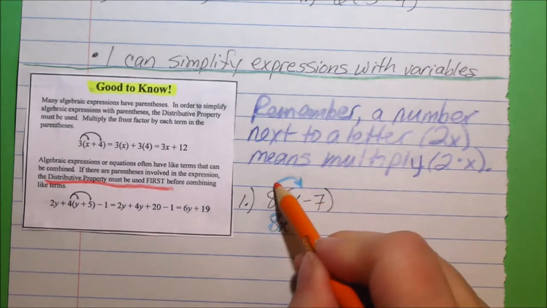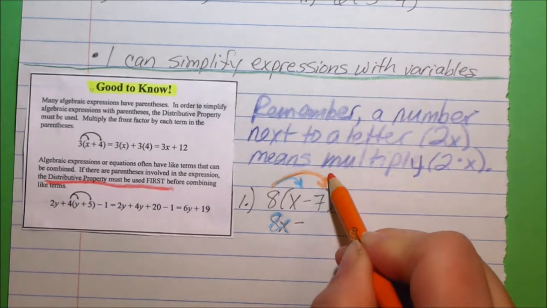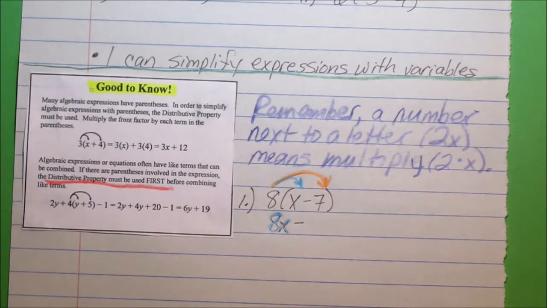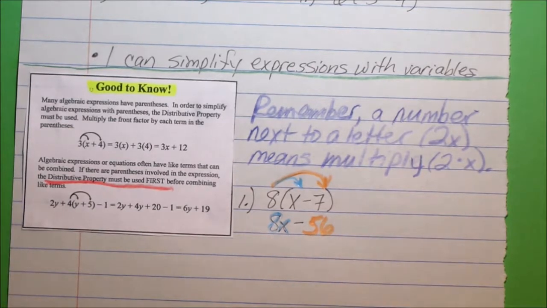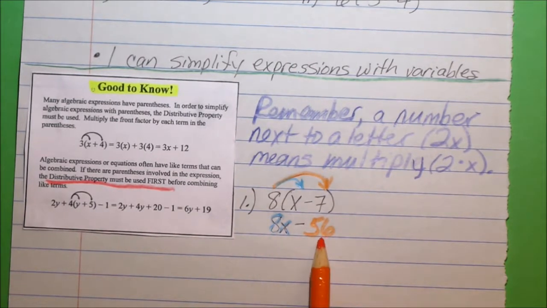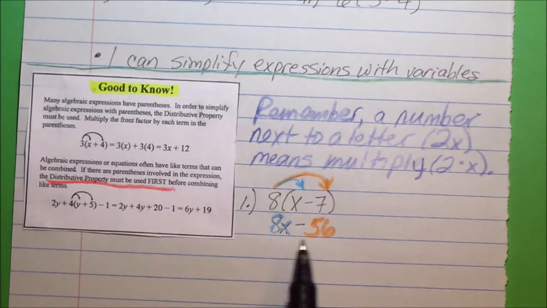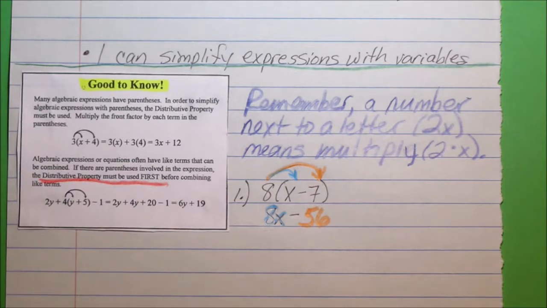And then second step is 8 times 7, all right? 8 times 7 is 56, all right? Now, 8x and 56, if we remember our combining like terms rules, those are not like terms. They would be like terms only if the terms had the same variables. This term here has a variable of x, and this term here is a constant. It doesn't have any variables with it at all, so they're not like terms. And so that's as simplified as we can go, all right?